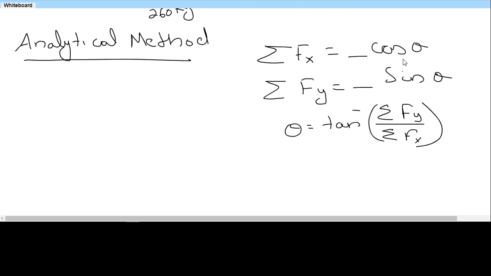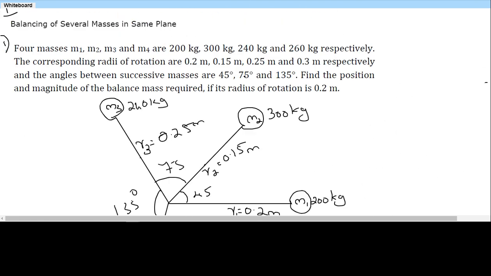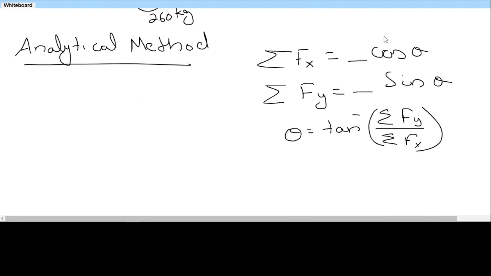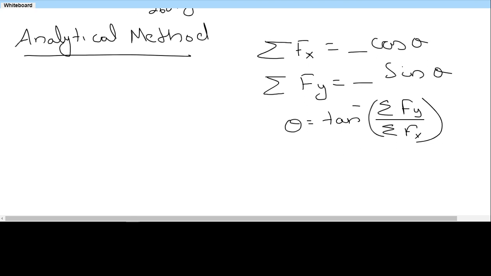Because we are dealing with rotating masses, all the forces will be centrifugal forces. So if we start solving it analytically, first we have to take all the forces. Since it is centrifugal force, I am marking it as FC1, centrifugal force due to mass 1 with radius R1.